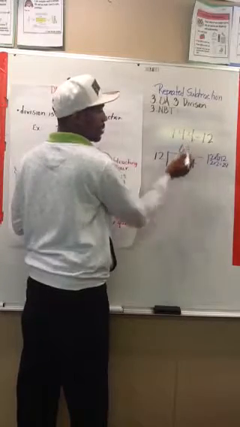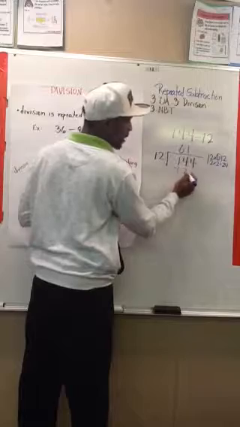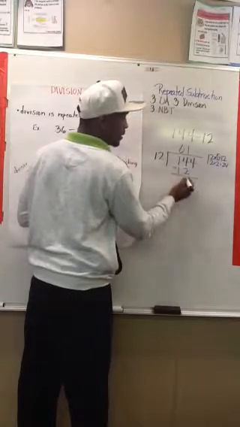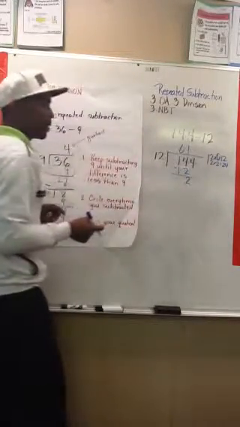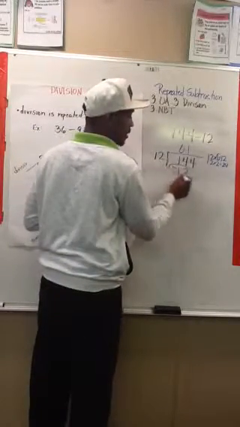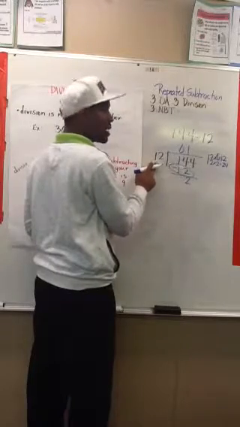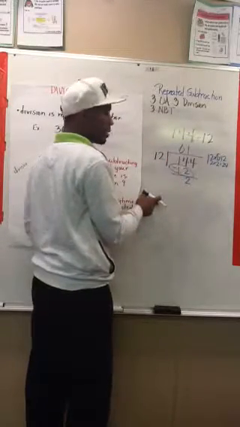So I put a 1 up there. Or I could just easily subtract 12, and I get 2. 12 can't go into 2, so I'm done there. Circle it one time, because my difference is smaller than my divisor, and that's where that 1 comes from.